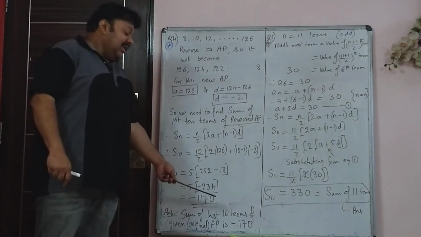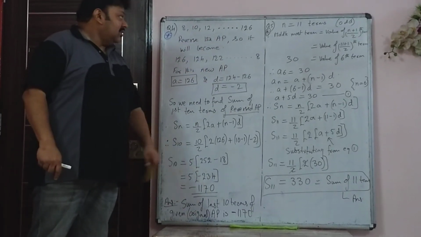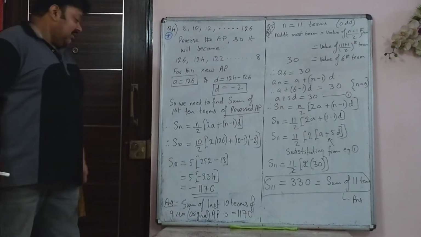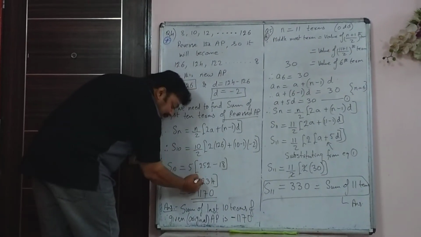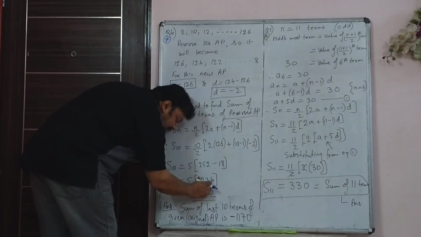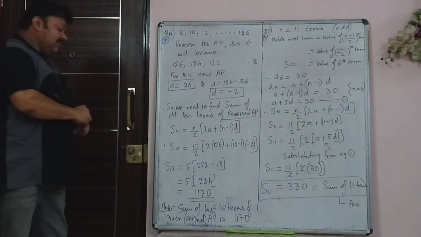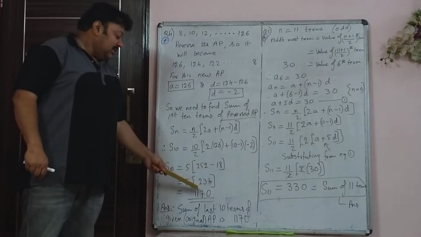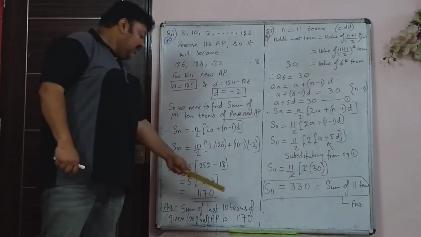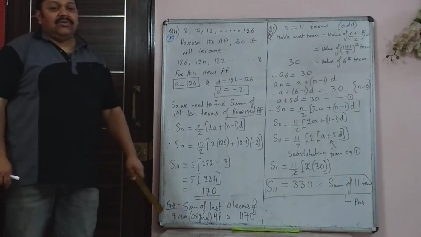So that will be the sum of the last 10 terms, but it is not minus, it would be plus, because the terms are positive. So there won't be any minus sign, it would be plus 1170. 252 minus 18 is 234, into 5 will be 1170. So the sum of the last 10 terms of the AP will be 1170.